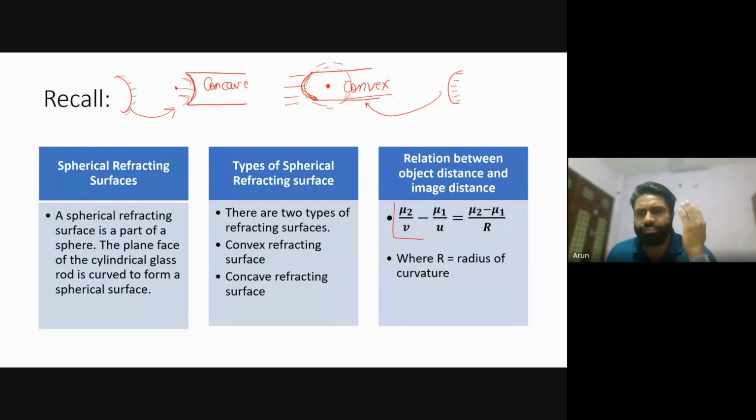But in every question you are not getting this situation, that they will specify that this is the observer and this is the object. You have to consider it by yourself. So that is why it is very convenient to learn this formula in a manner that mu2 is the medium where the ray is going, and mu1 is the medium from where the ray is coming.